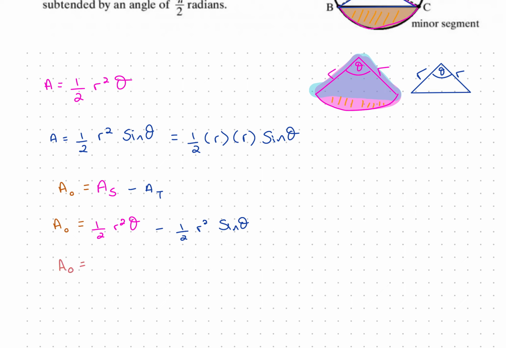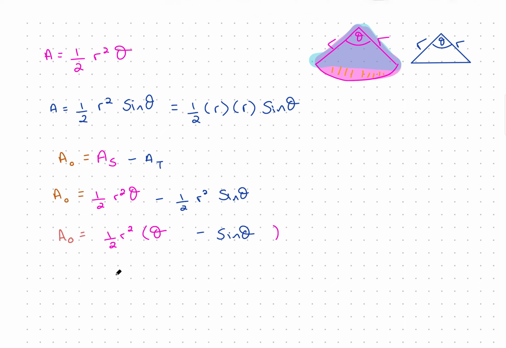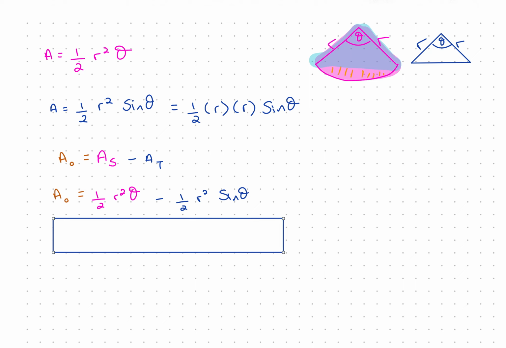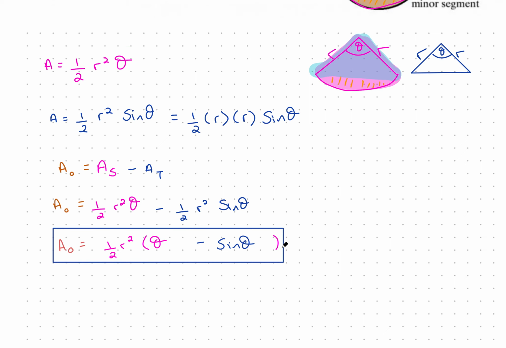So I'm going to write a half r squared outside of the bracket, and then inside of the bracket I'm going to have theta minus sine of theta, because that's what's left over if I factorize out my half r squared, which was common to both. And that there is the complete formula for the area of the minor segment that they were looking for. That is how I would calculate it if I had r and I had a value for theta.